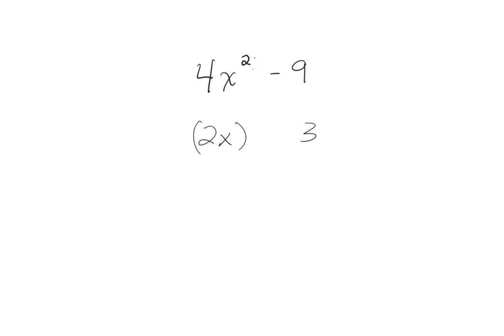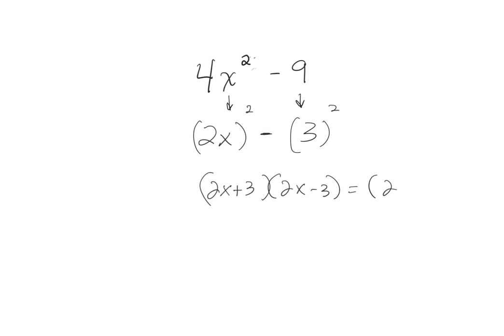That was a 3. Square and square, the difference between the two squares. So then we have 2x plus 3 times 2x minus 3. Can also be 2x minus 3 times 2x plus 3. Okay? And we're doing pretty good. But let me give you one that's a little bit more complicated with bigger numbers and 2 variables.